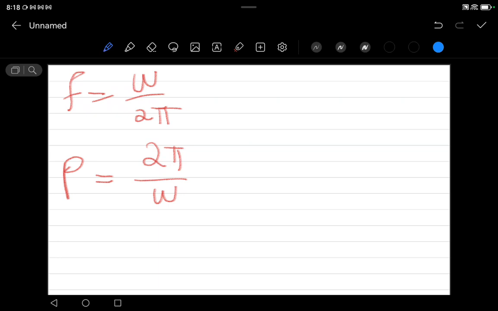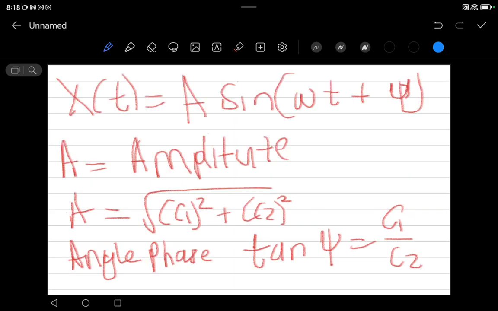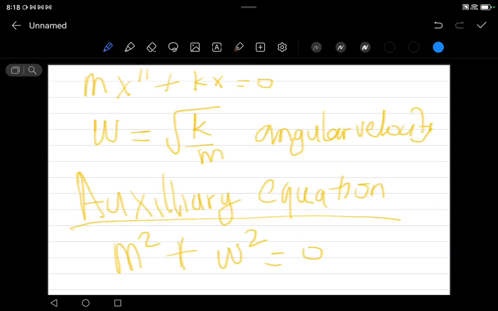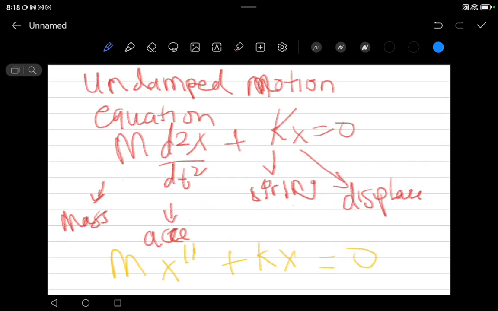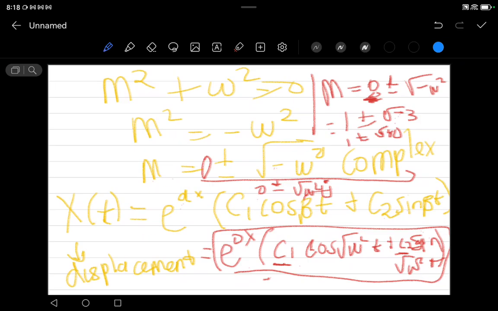And then remember we started with the undamped equation. It's this one, m x prime prime plus kx. So now moving forward, I'm going to show you the damped motion equation.